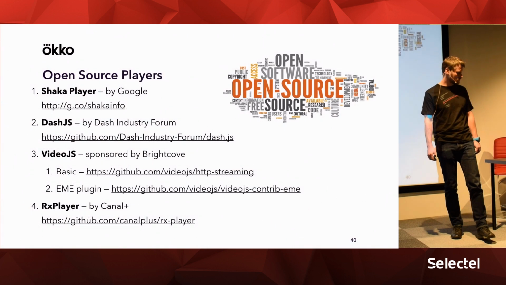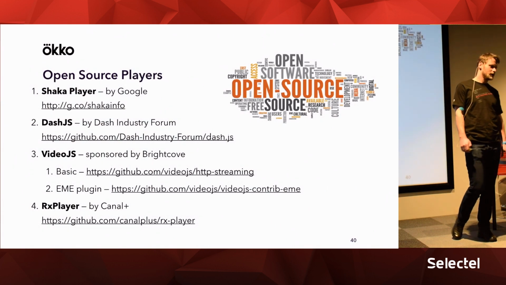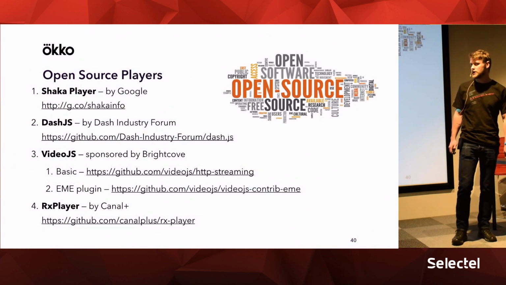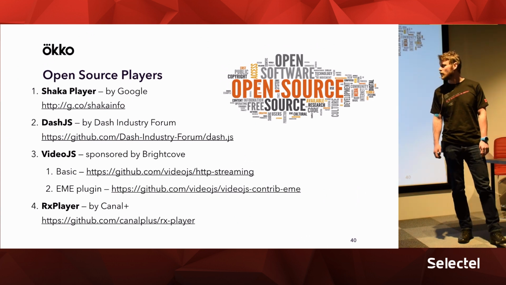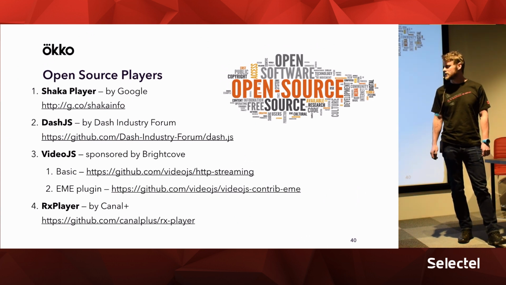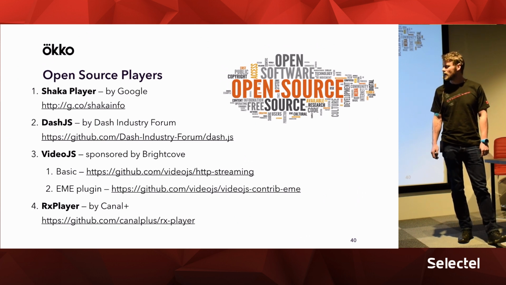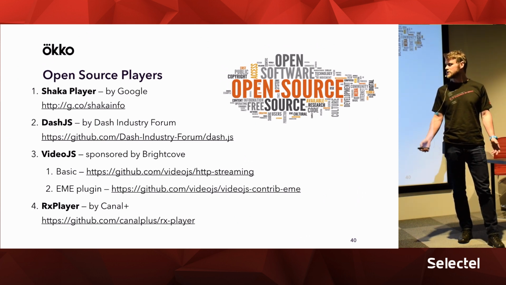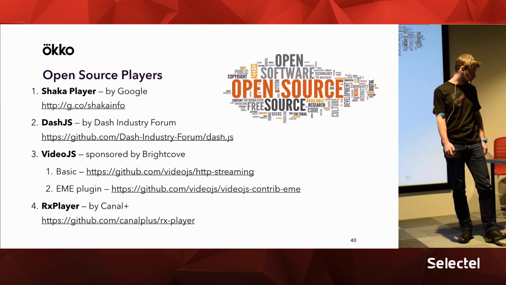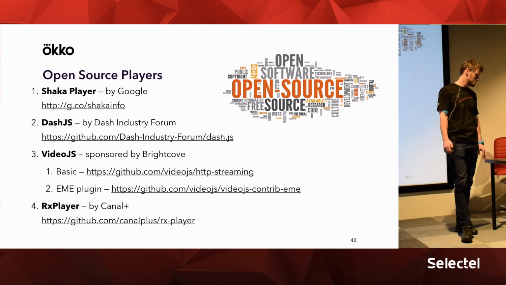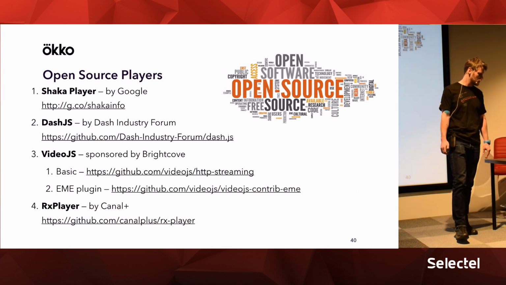If not, you can get the open source players and make some fixes on your own. And here are presented four good ones. For example, Shaka is provided by Google, and Rx Player, written in TypeScript, is provided by Canal Plus.